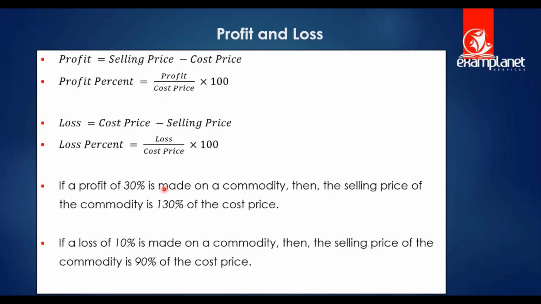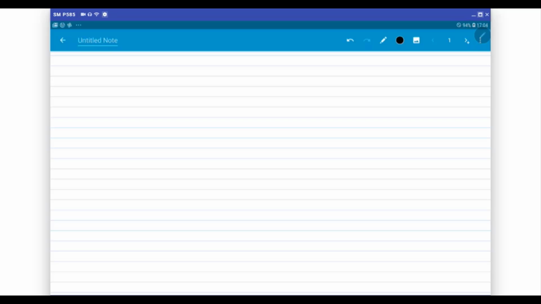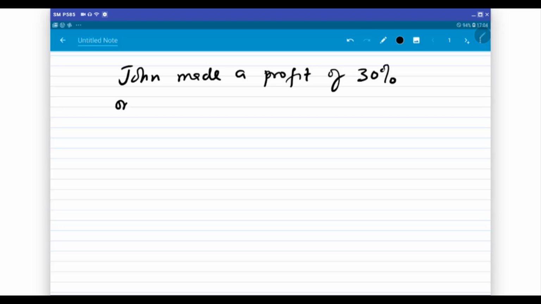Okay, so let me take a simple example. John made a profit of 30% on a bicycle he bought at $250.